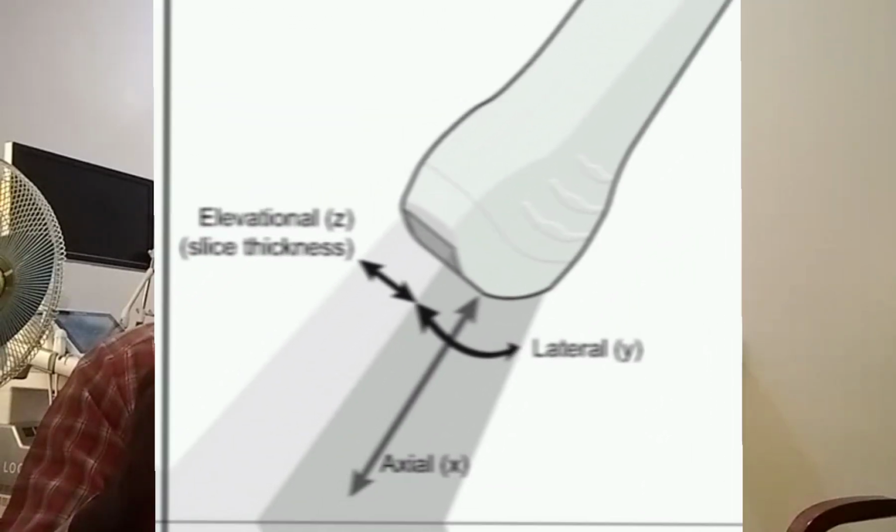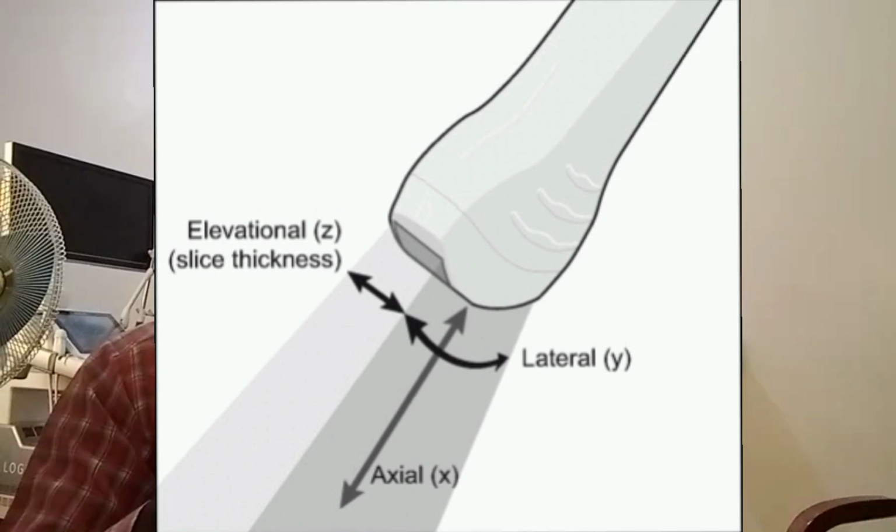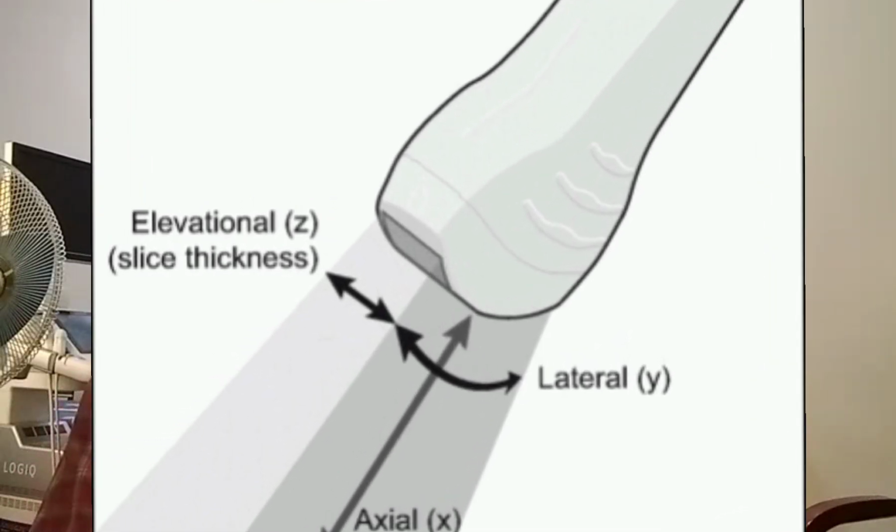Some manufacturers have introduced multi-dimensional linear array transducers that have 2 or more rows of crystals in the Z-axis that are capable of electronically focusing the slice thickness dimension of the sound beam. This image will show you the various axes: the axial resolution, the lateral resolution, and the Z-axis resolution.